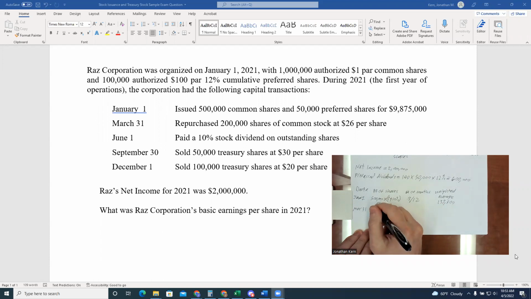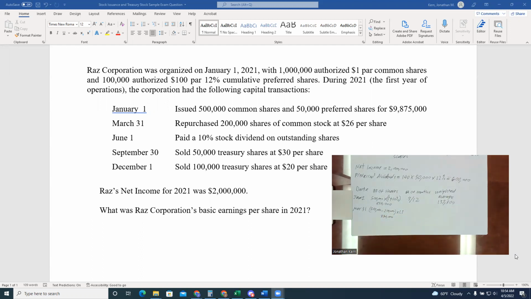So using the time-weighted number of shares, we'll take 500,000 shares minus 200,000 shares. We'll multiply this by 1.1. This will give us 330,000 shares.